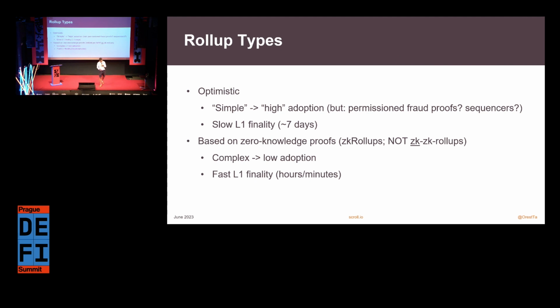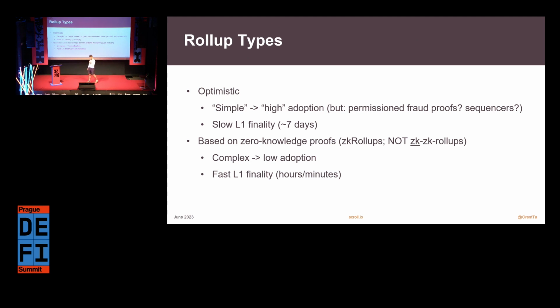And the alternative, ZK, zero-knowledge-based rollups, actually allow you to skip this period of 7 days to withdraw, because instead of having an optimistic, economic-incentives-based assumption, you have a zero-knowledge proof to convince other nodes on the network that what happened in the rollup is actually according to the rules.